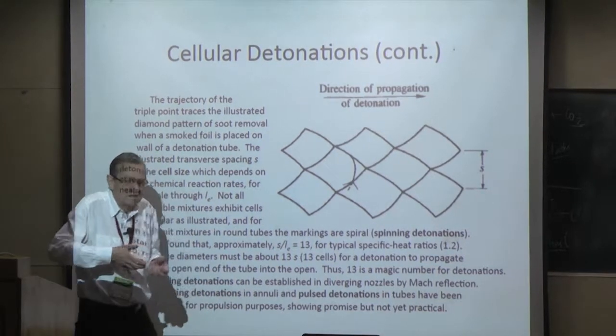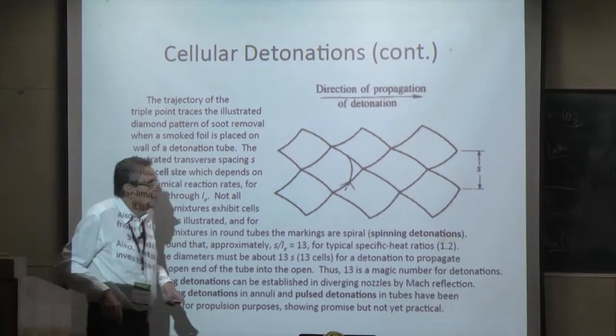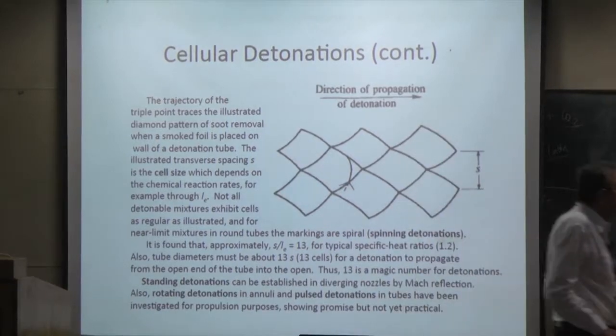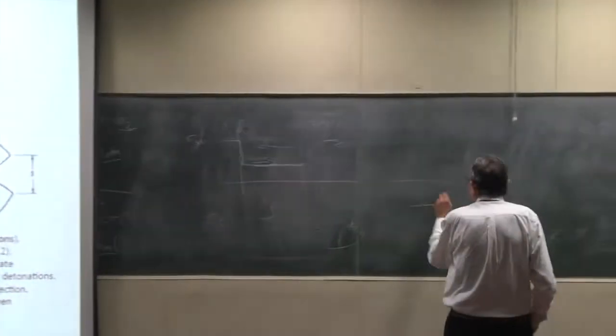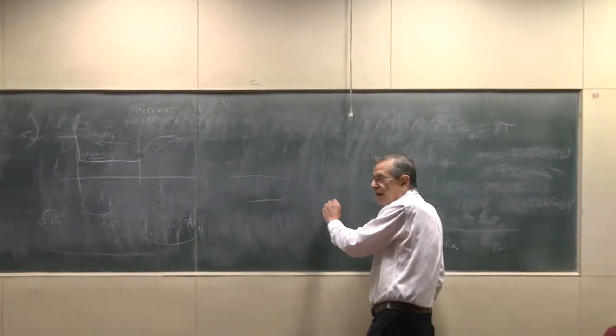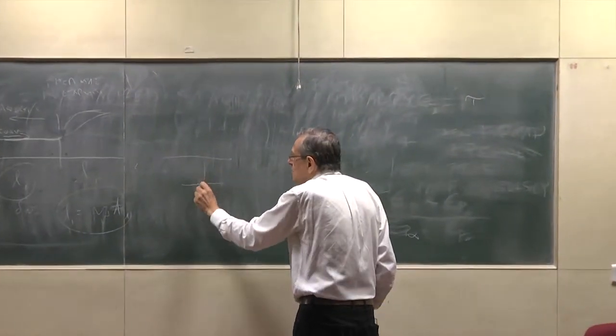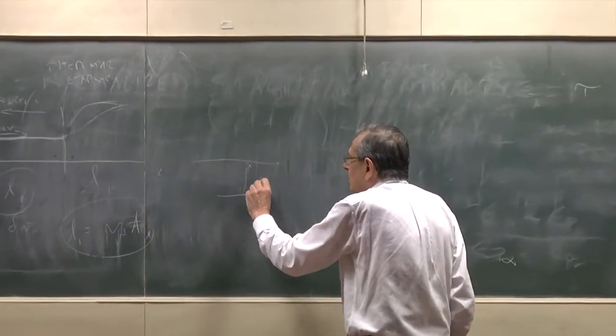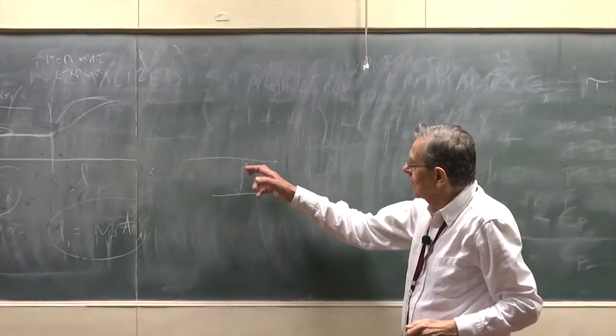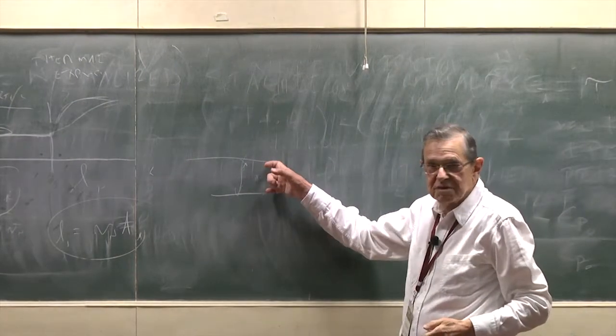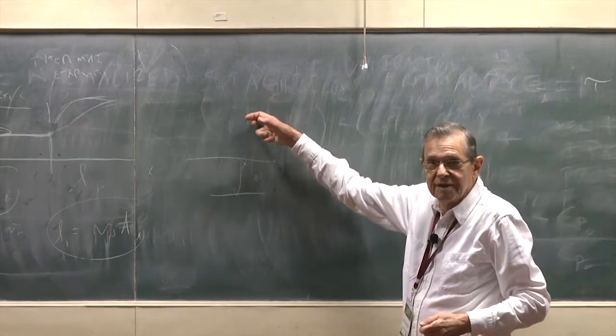And also in other experiments where you want to send a detonation out of a tube into the same gas, a detonable gas, the tube diameter has to be large enough. Otherwise, the detonation is not going to be transmitted from the tube into the opening.